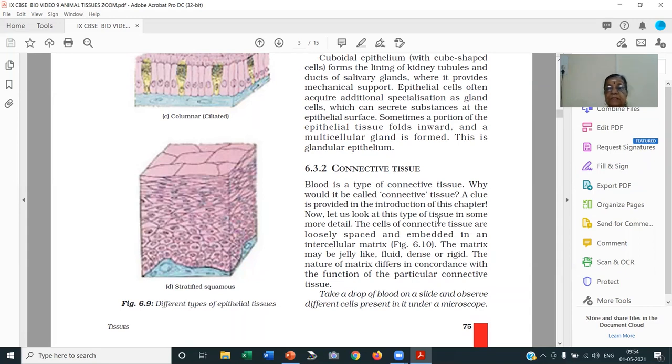The matrix may be a jelly-like fluid, dense or rigid, and it differs in accordance with the function of the particular connective tissue. So what is a matrix? We say the matrix is a jelly-like fluid which may be dense or rigid, and the nature of the matrix differs in accordance with the function of the particular connective tissue.